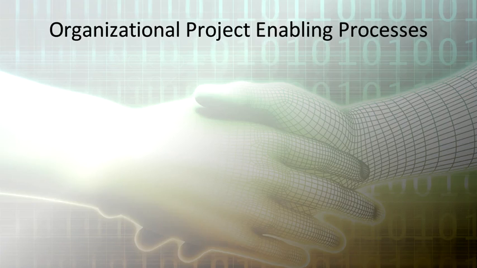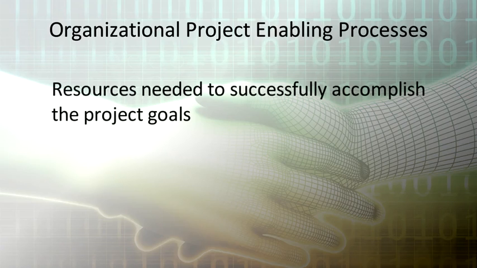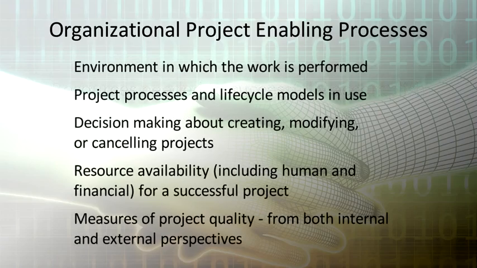Organizational project enabling processes make up the second category. These processes focus on the resources needed to successfully accomplish the project goals. The emphasis is on the environment in which the work is performed. Project processes and lifecycle models in use, decision-making about creating, modifying, or canceling projects, resource availability, including human and financial, that are necessary for a successful project, and measures of project quality from both internal and external perspectives.